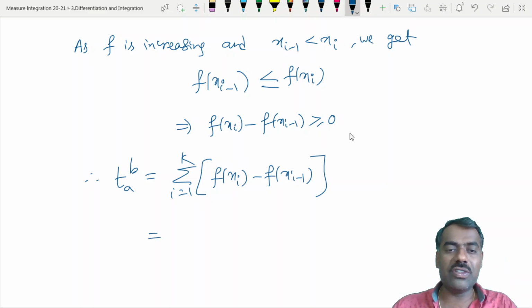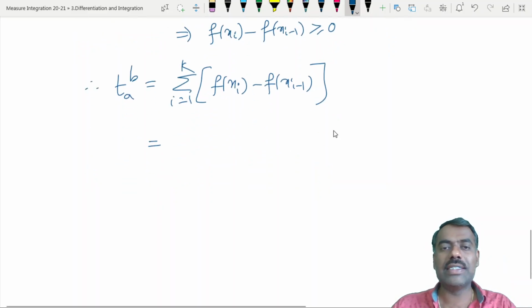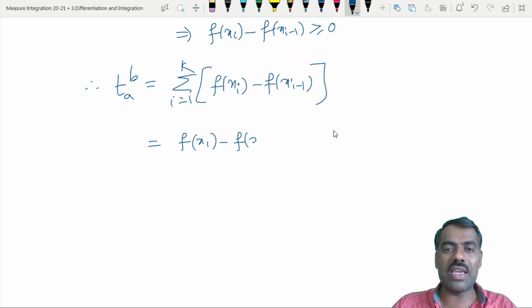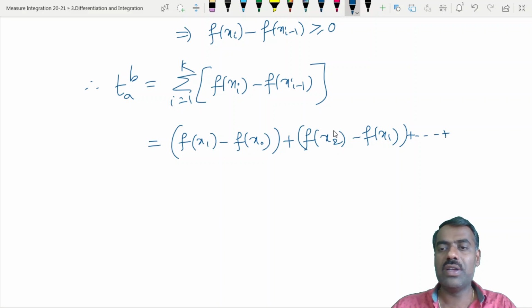If you expand this, when i is equal to 1, this is f of x1 minus f of x naught, first term. Then when i is equal to 2, it is f of x2 minus f of x1, plus and so on. The last one, when i is k, is f of xk minus f of xk minus 1.